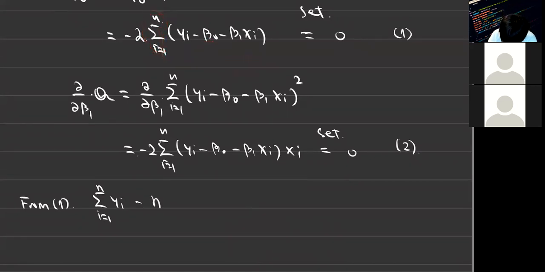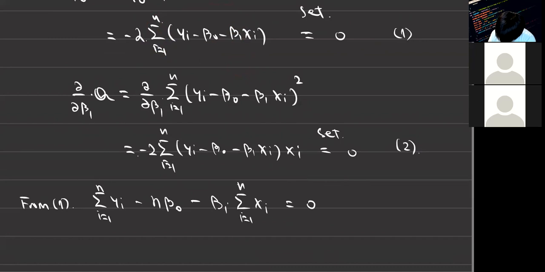So let's write that down, n beta 0. And the third term is the same. Beta 1, that's a constant, so I'm going to leave that out, and the summation term, I can directly pass in here. So that becomes summation i from 1 to n xi. And the right-hand side is, of course, equal to 0.